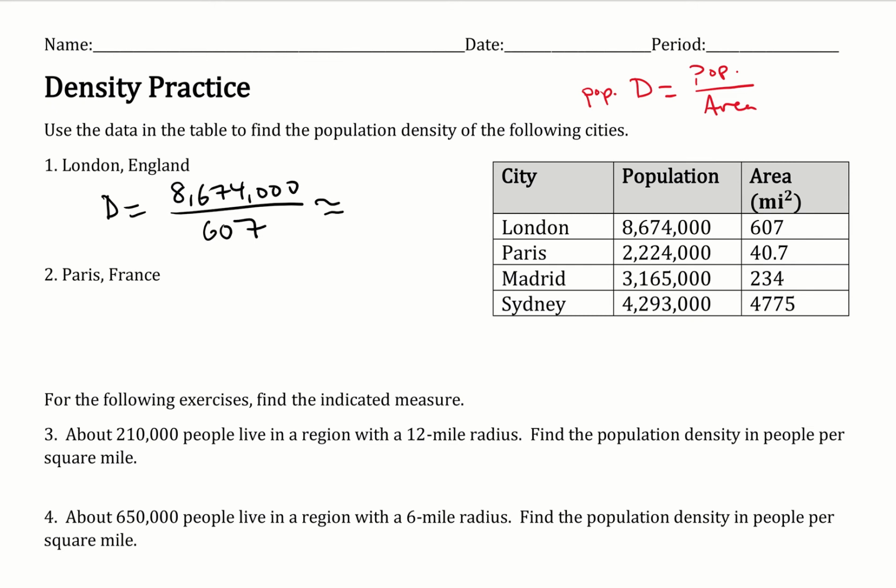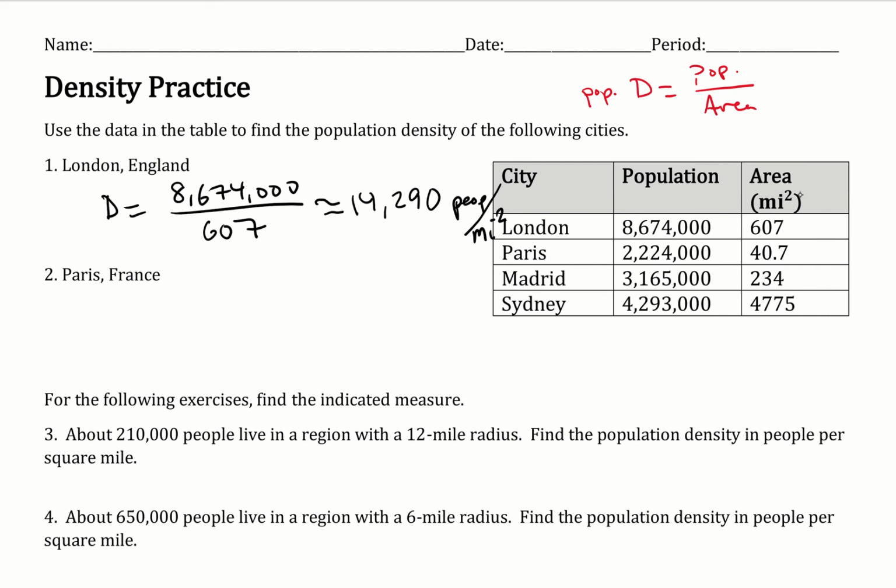Remember that the units are going to be people per mile squared. So we have 8674 and put this on the calculator. You get approximately 14,290 people per square mile, or persons per square mile, depending on how you want to say it.